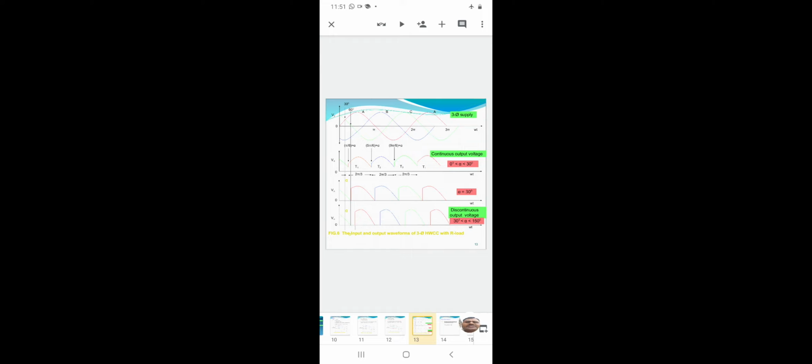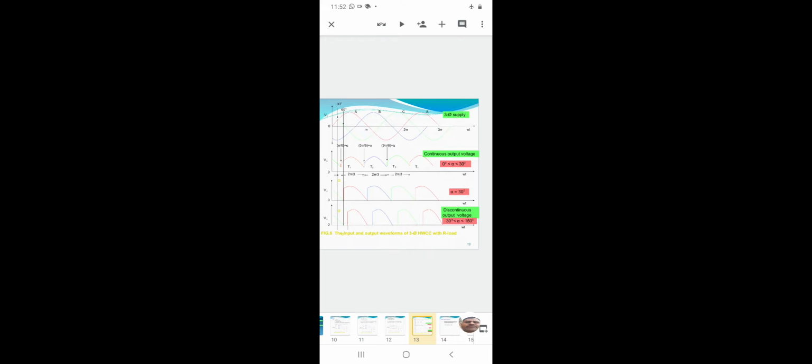At 5 pi by 6, thyristor T2 starts conducting for phase B. Thyristor T1 conducts from pi by 6 to 5 pi by 6, and thyristor T2 for phase B conducts from 5 pi by 6 to 9 pi by 6.